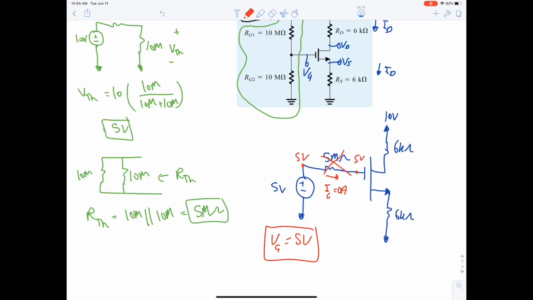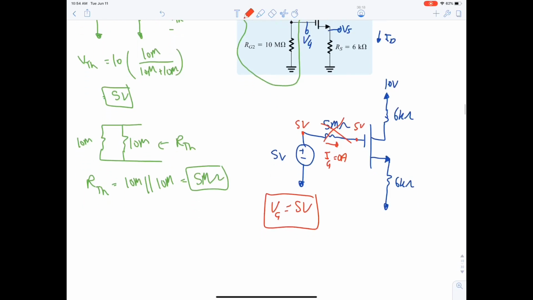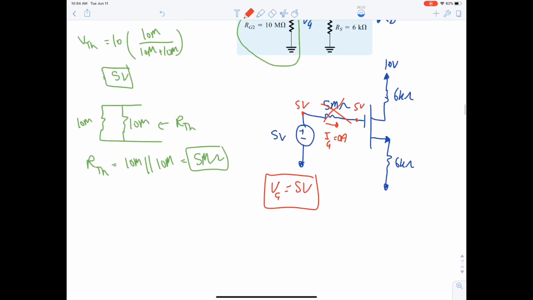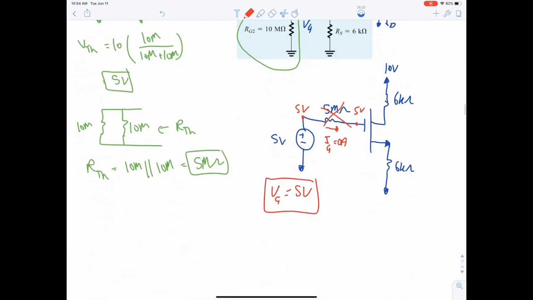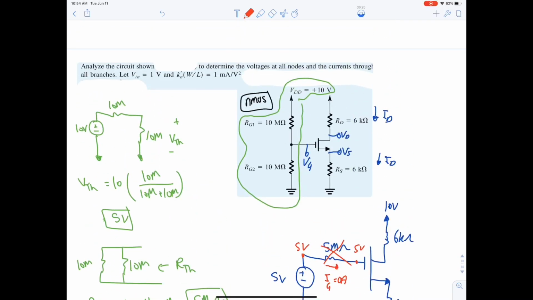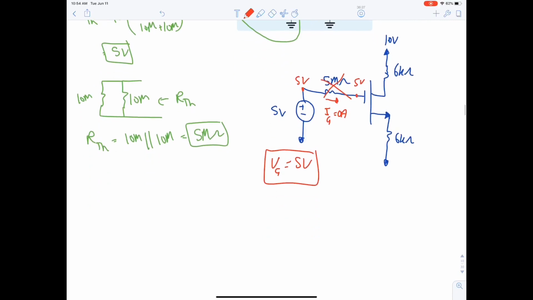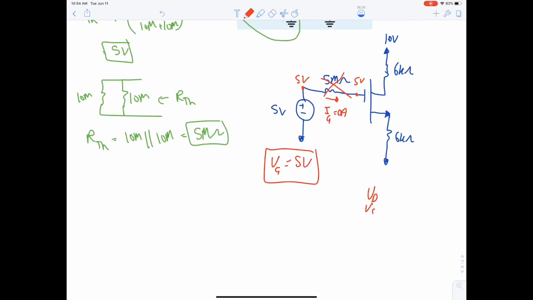Only V Thevenin is enough. Okay, after finding VG, now what do we need to find? We need to find everything. So we need to find VD, VS, VG we just found, and ID. So what are we going to do? First, let's assume saturation.